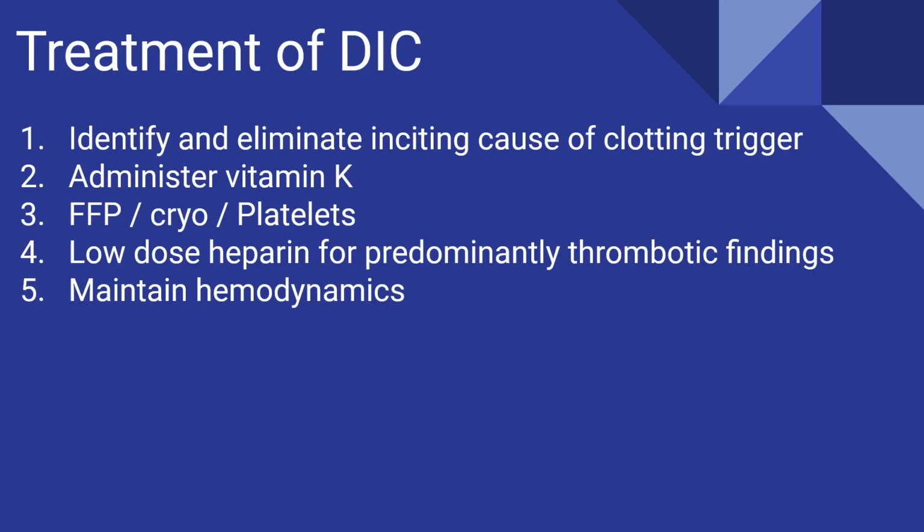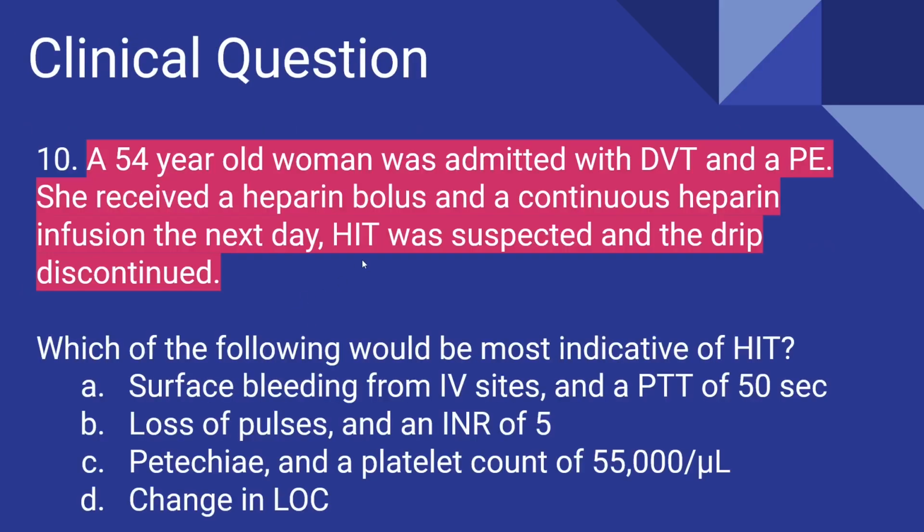And if we need to, we can start a low-dose heparin to make sure that we're not clotting anymore, to stop that clotting cascade. We want all the right levels of resources available while we try to figure out what the inciting factor is.